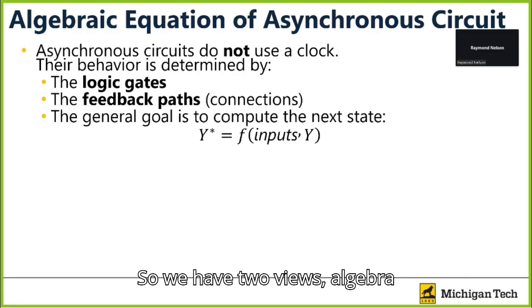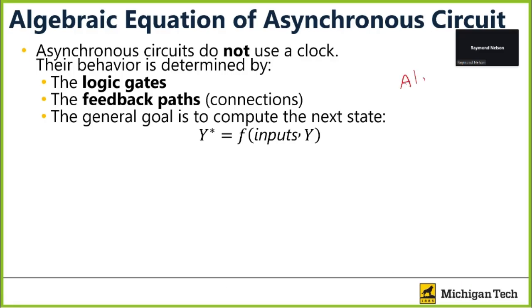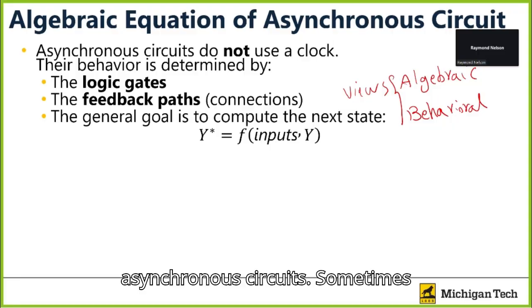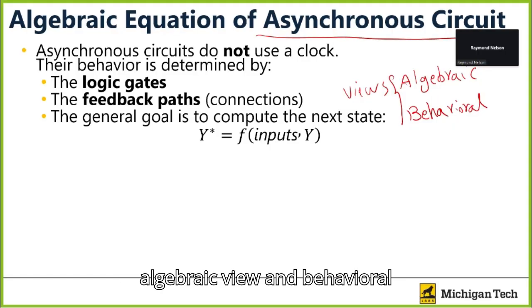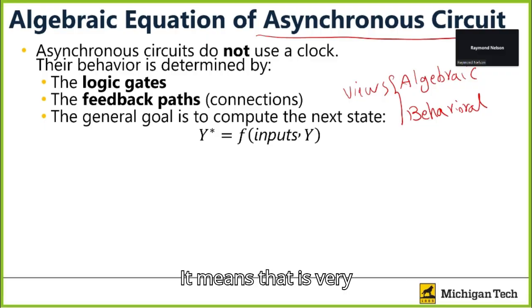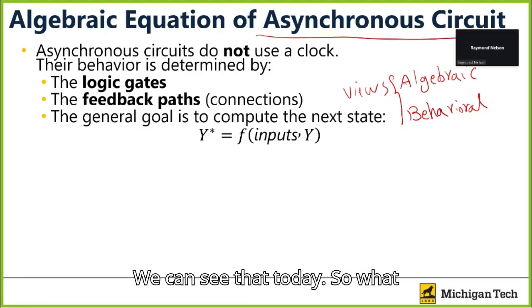So we have two views, algebra and behavior. Sometimes the algebraic view and behavioral view are completely equal, which means they are very aligned, but sometimes not. We can see that today.